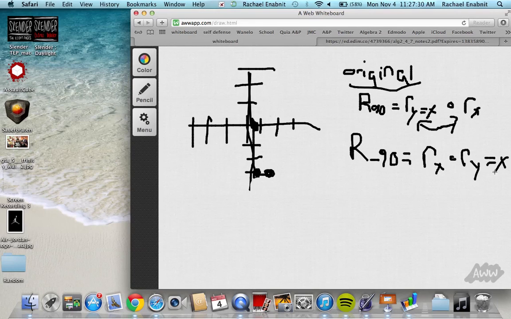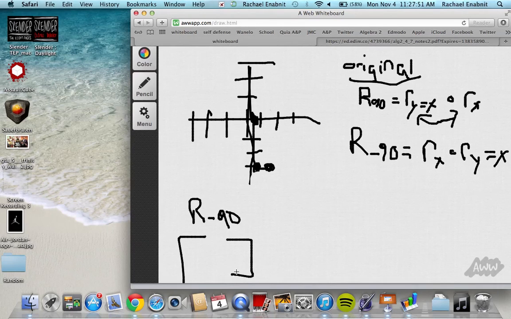Now we can get the matrix for R of 90, which we did earlier, so I don't need to multiply: it's 0, 1, negative 1, 0.